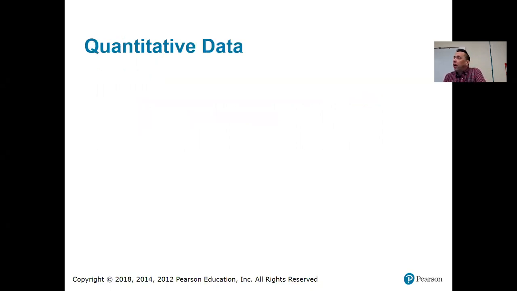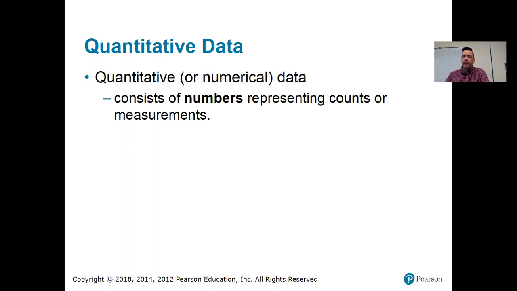Okay, talking about types of data, there is quantitative data. Quantitative basically means numbers. Also called numerical data, it consists of numbers measuring counts or measurements. Now you might think, well, what else would numbers stand for? Well, sometimes numbers might as well be letters, right?